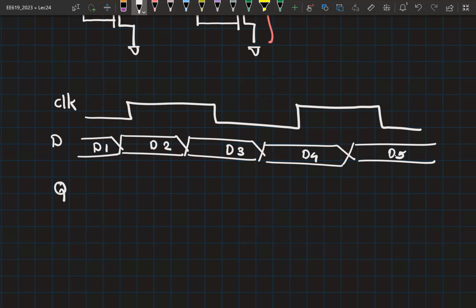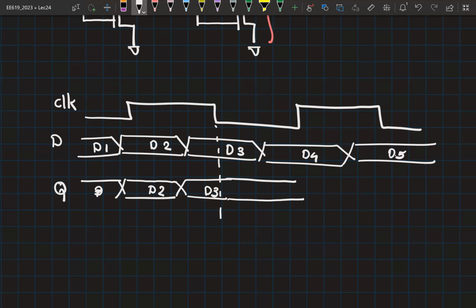Okay, I'm going to give you a behavior, right? So I'm going to say this is some value. Let's say this is D2, then this is D3, then this is D4, and I have D5 here. Okay. So is this behavior that of a flip-flop?